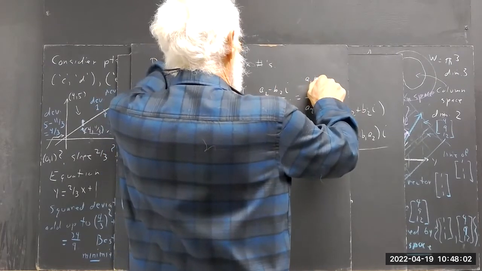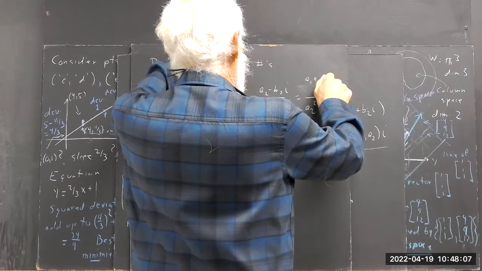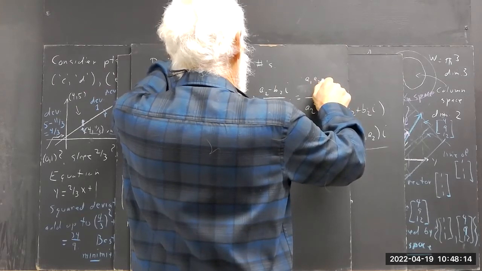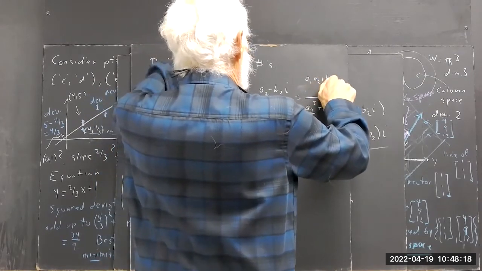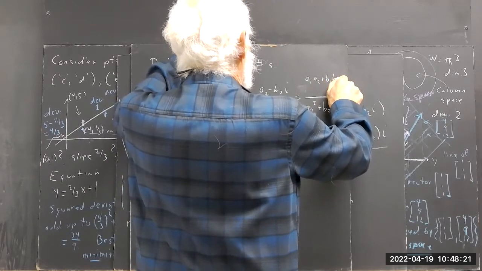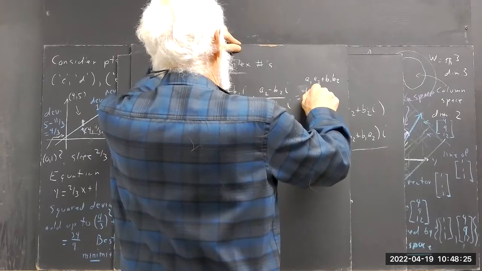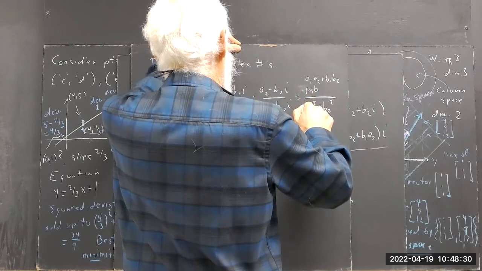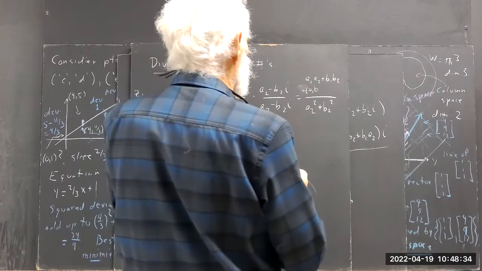You get A1 A2 plus B1 B2, plus the quantity, I need to think ahead before I write.